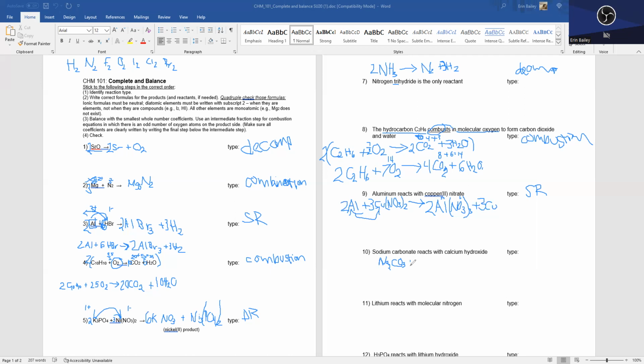And that reacts with calcium, which is Ca, has a +2 charge, and hydroxide, which is a polyatomic ion, OH, that has a -1 charge. So I'm going to have 2 OHs here.